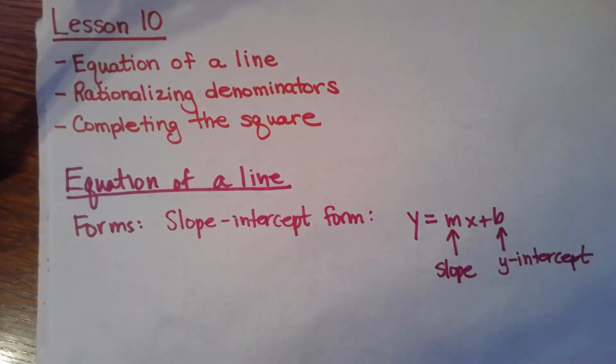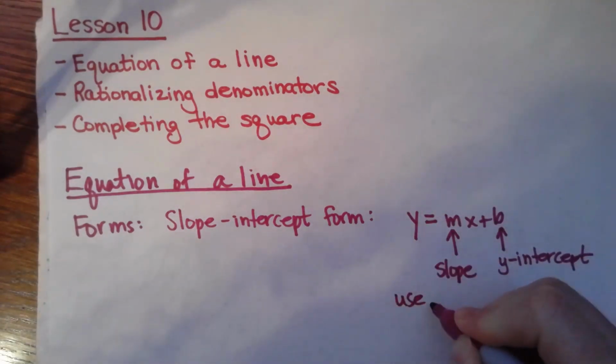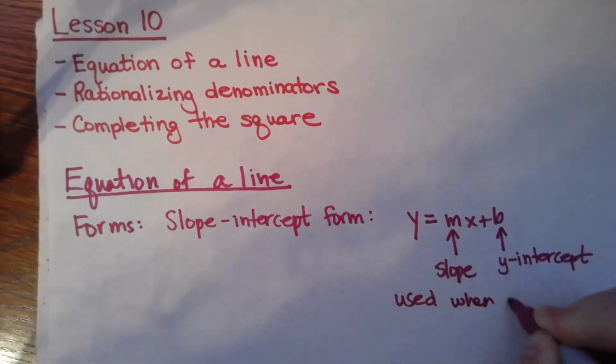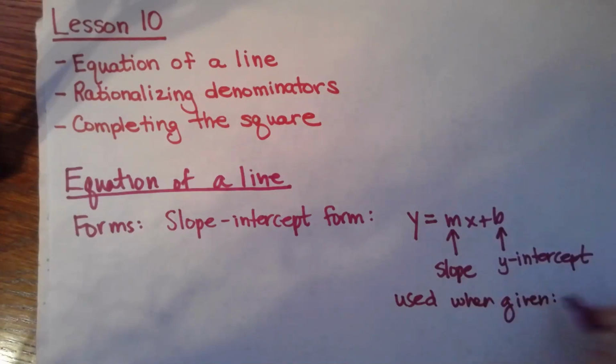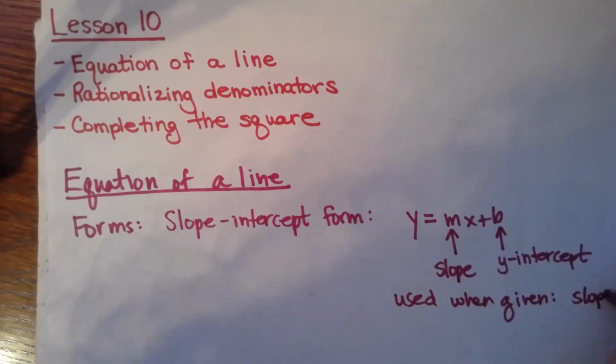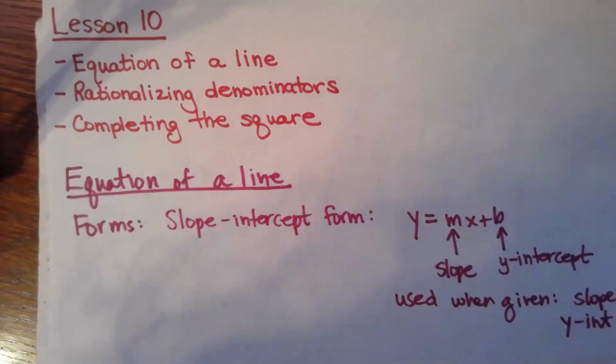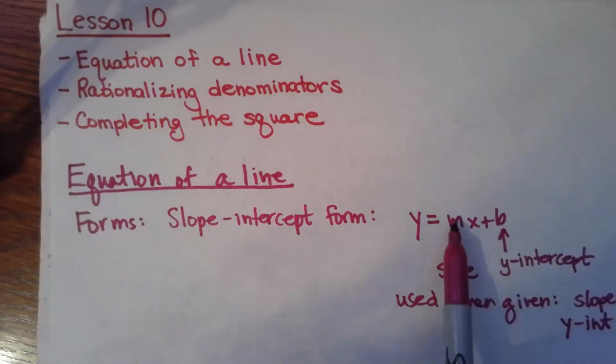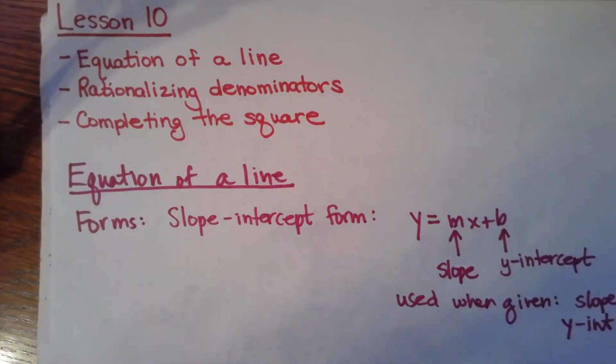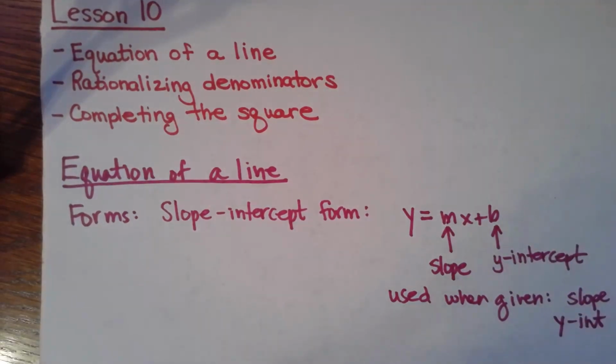And so obviously this is used when we are given the slope and the y-intercept. So if you know those two, you can just plug in the slope for m and the y-intercept for b, and you can quickly get the slope-intercept form of a line. So that is the slope-intercept form.